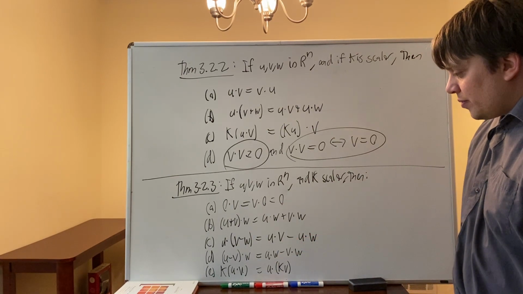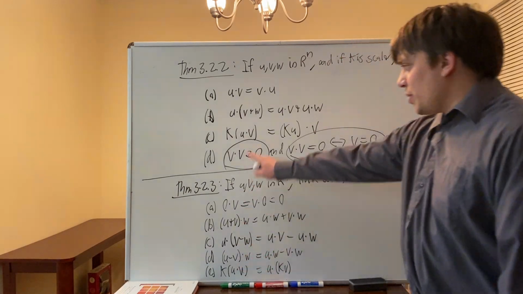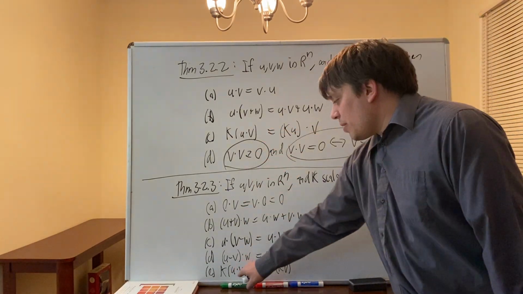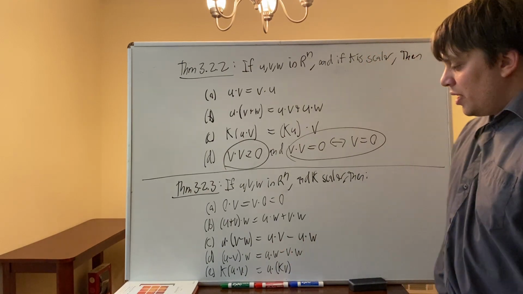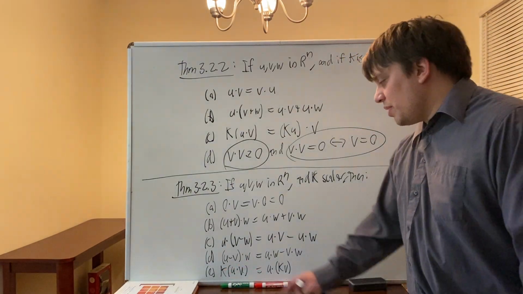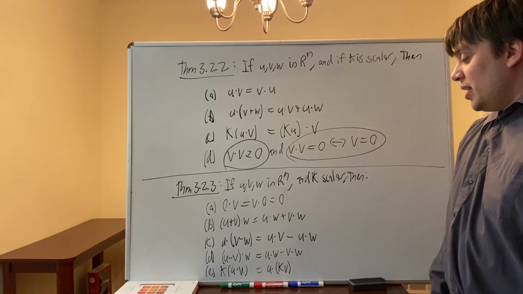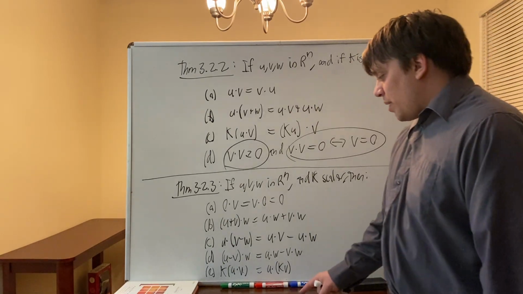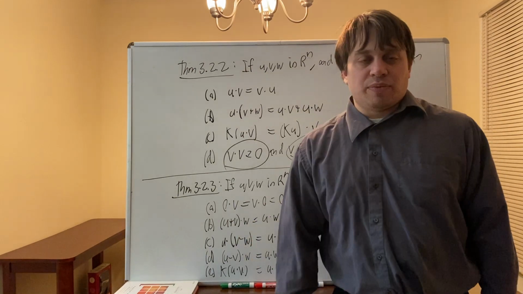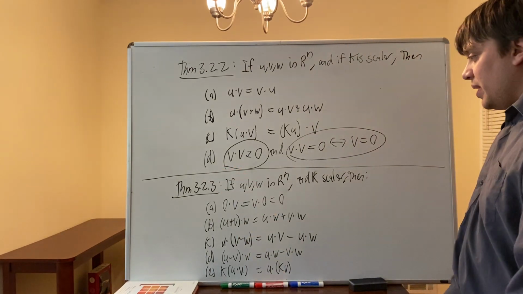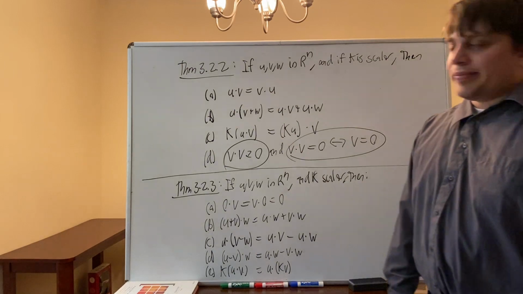Okay. E is like what we saw in C in the last theorem. k times (u dot v) is equal to u dotted with kv. So now we're just changing the order again, right? Instead of taking the dot product and multiplying by k, we're going to just change the order in a different way, where now we're going to multiply k by v first, and then take the dot product with u, for u dot kv. Okay?